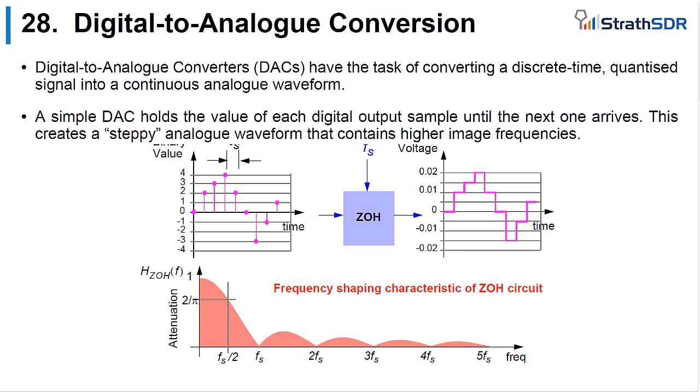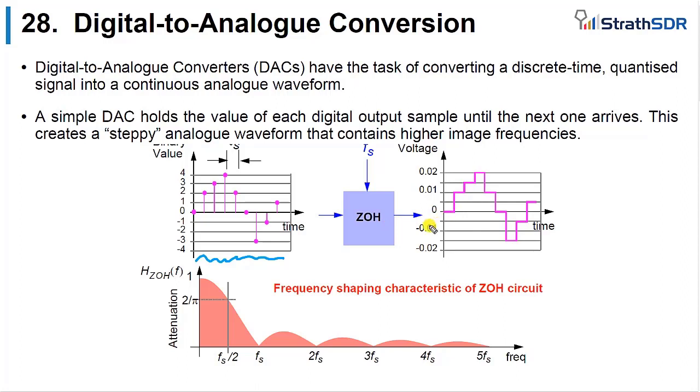So let's consider the digital to analog conversion side of things now. We'll keep this nice and simple, a standard digital to analog conversion shown on the screen. We're going to take samples at a given sample frequency and put them through a zero order hold, which is a simple standard way of going to the analog world.